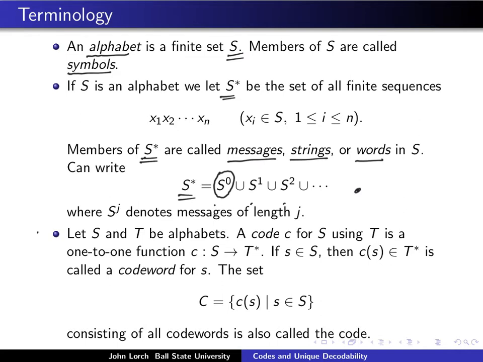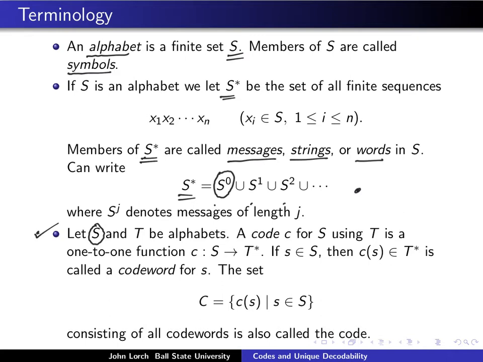So now here in this last bullet point, we're ready to define a code. We start with two alphabets, S and T. And it may help to think of the alphabet S as being our ordinary alphabet where we form ordinary words, and T as being sort of a substitute alphabet where we're going to create our coded messages.